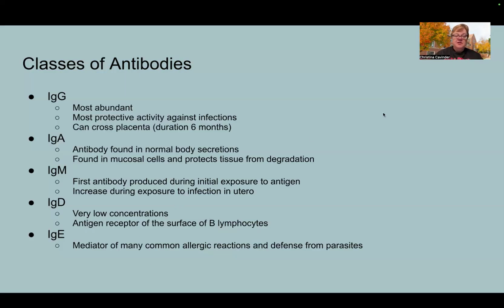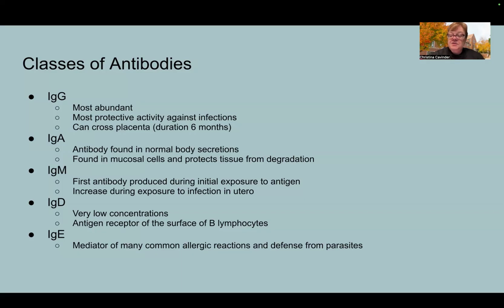So if you're looking at these antibodies, there's different kinds, and they mean different things. If you order labs and you order these antibodies, you have to know what they're showing you. IgG is your most abundant antibody. It has the most protective activity against infections.